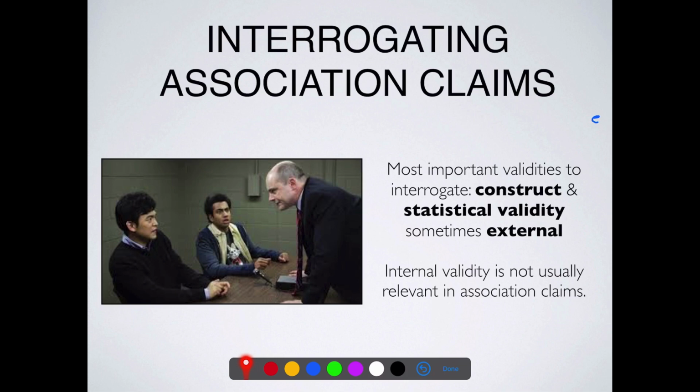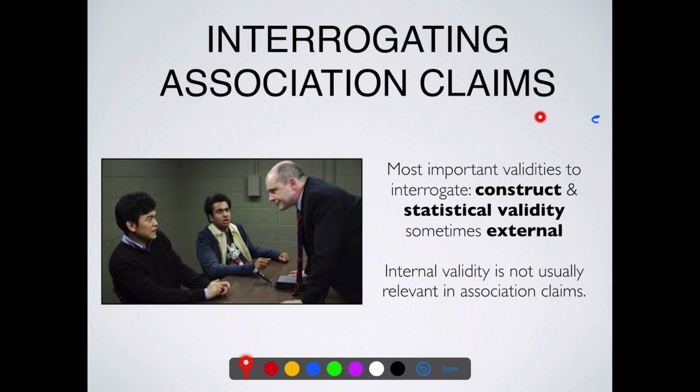So when we're interrogating association claims, we're focusing on construct validity: did they measure what they actually said they were measuring? Statistical validity: statistically speaking, are they supported in their findings? And external validity: can they generalize their findings to the population of interest? Internal validity is kind of what we sacrifice if we're using this approach.